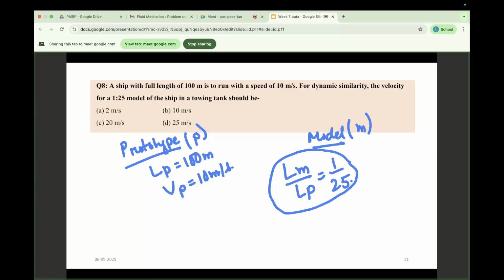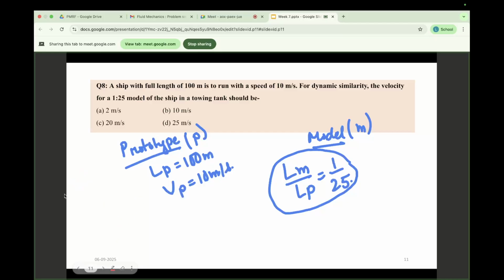No, because surface tension force is not given, right? The Mach number will also not come, because the speed of sound is not given. So either the Froude number or the Reynolds number should be used. As the viscosity is not given, we do not have any other option. So we have to go with the Froude number, right? So using this Froude number concept, we have to solve this one.